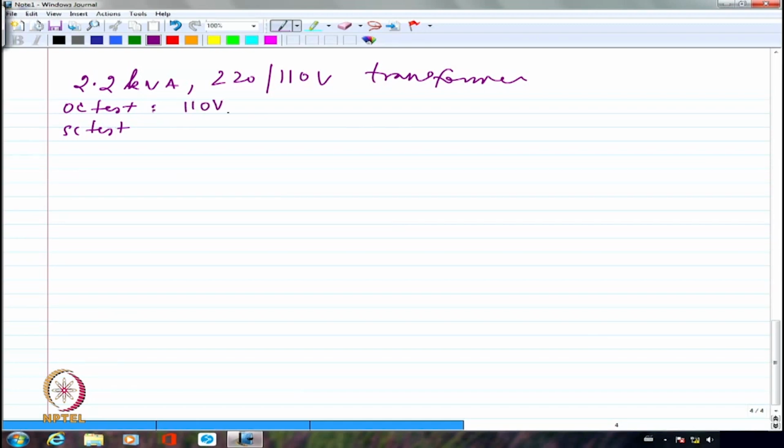And short circuit data, I have got 10 volts, 10 ampere and 48 watts. And this was done on the LV side and this was done on the HV side. Fine?